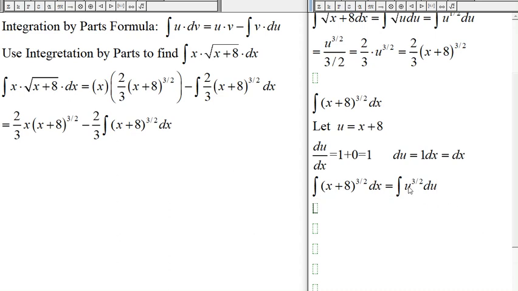The antiderivative of u to the 3/2: add 1 to 3/2. 3/2 plus 1 is 5/2, and dividing by 5/2 is the same as multiplying by 2/5.